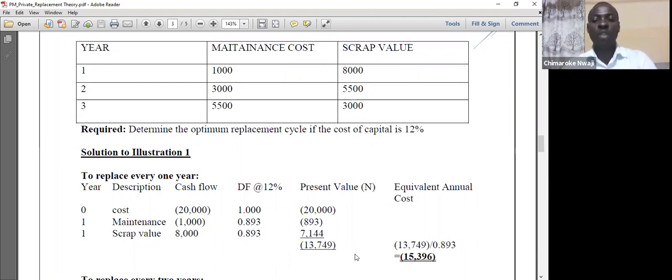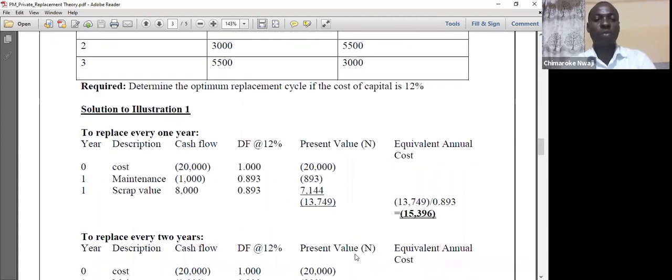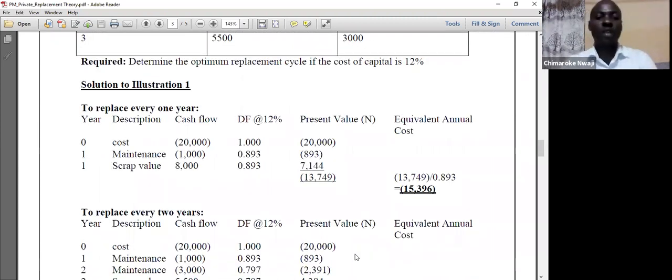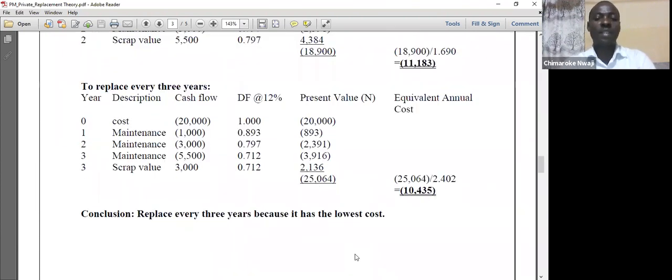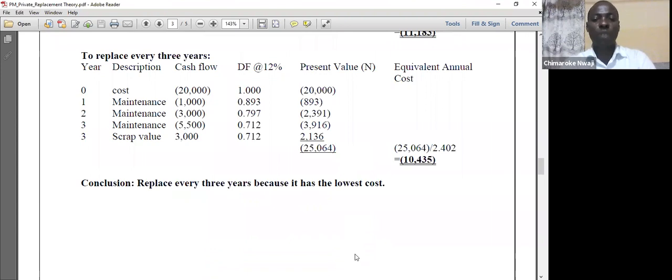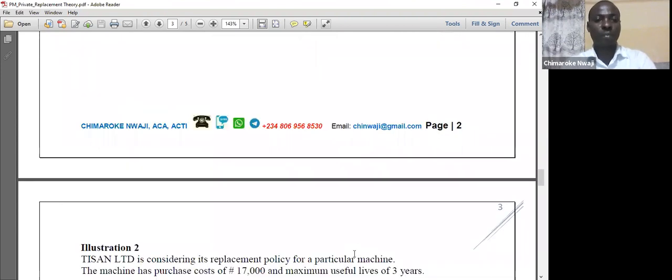We use the equivalent annual cost that is lower. So we decided whether to replace every year, or every 2 years, or every 3 years, and we choose the one with the lowest cost.